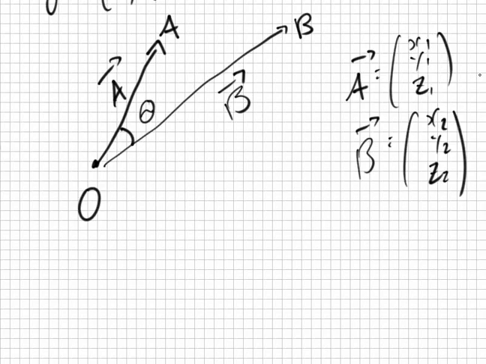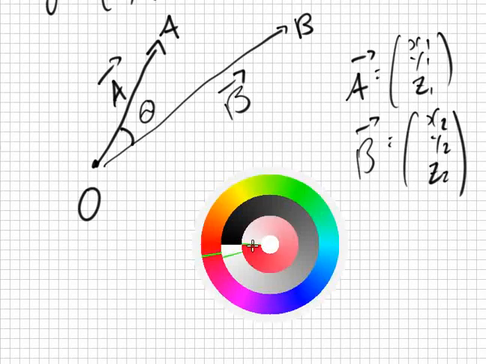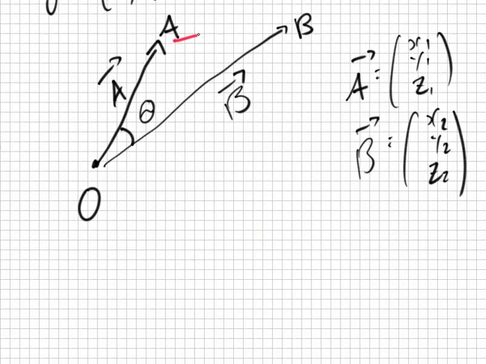So I will fill in red the extra information we can work out, which is this line here. That's the vector AB. Now, AB, what will that be? Not A plus B?